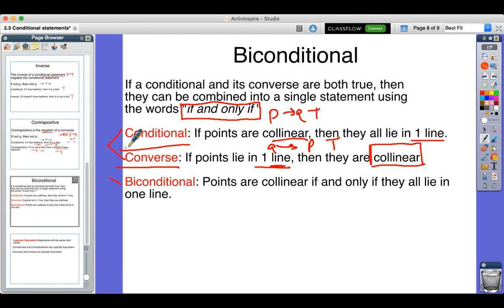So both statements are true regardless how you say it. So the biconditional statement for that will be, points are collinear if and only if they lie on one line. So we take the original statement, drop the if and the then, and make it biconditional.